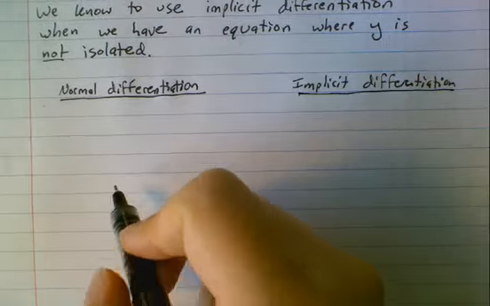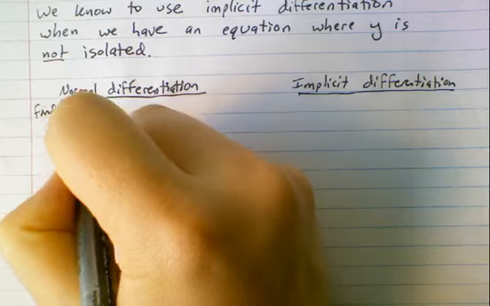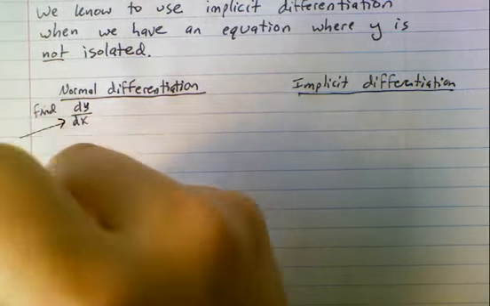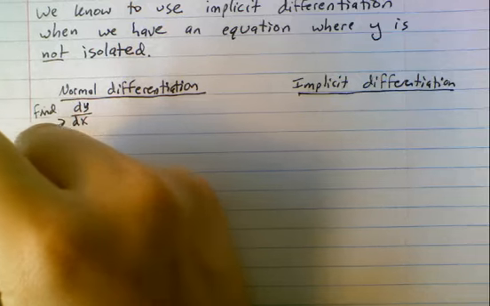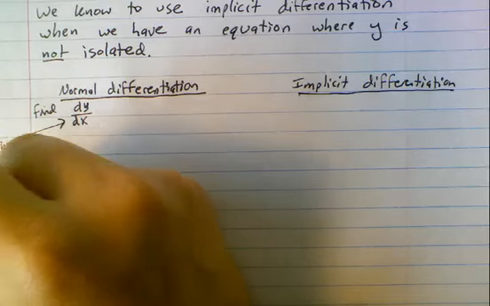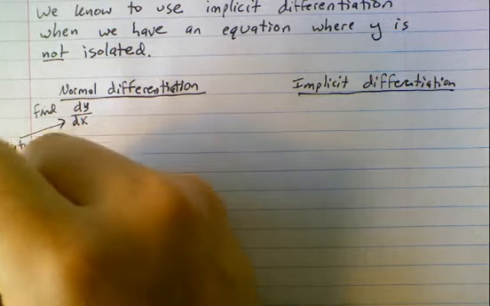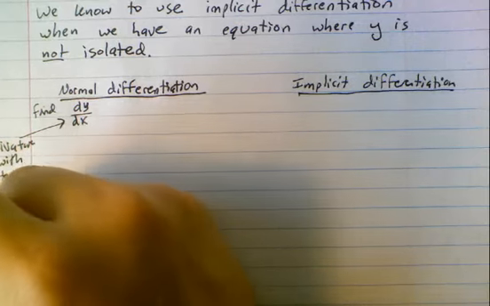For normal differentiation, let's find dy dx. Remember, this is another way of writing the derivative of y with respect to x. This is also y prime.